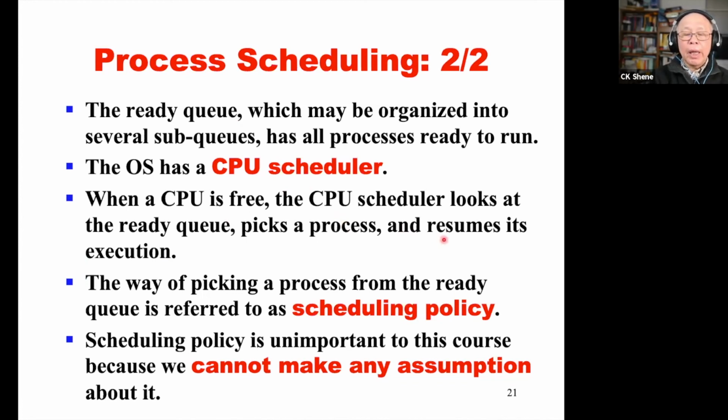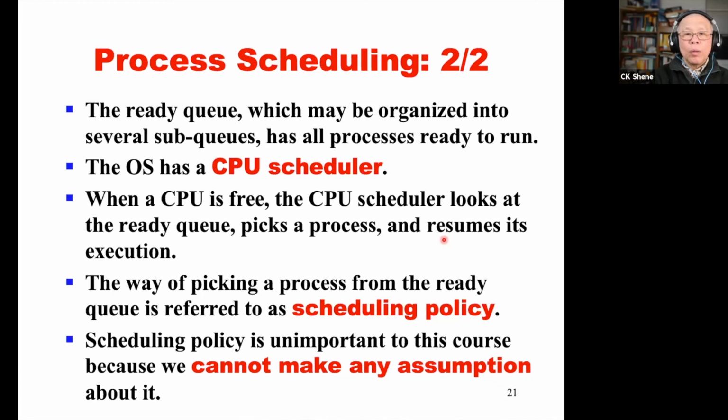Let's repeat again. Hope you don't mind. How do we resume the execution of a process? Remember, in the PCB, we have a program counter. That is an address saved there when that process was suspended. That address points to the next instruction to be executed.